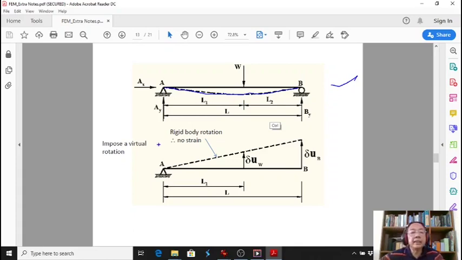We apply a virtual rotation, but this is just virtual, so this is the beam, and this is the virtual rotation. This is just imaginary, not a real one.